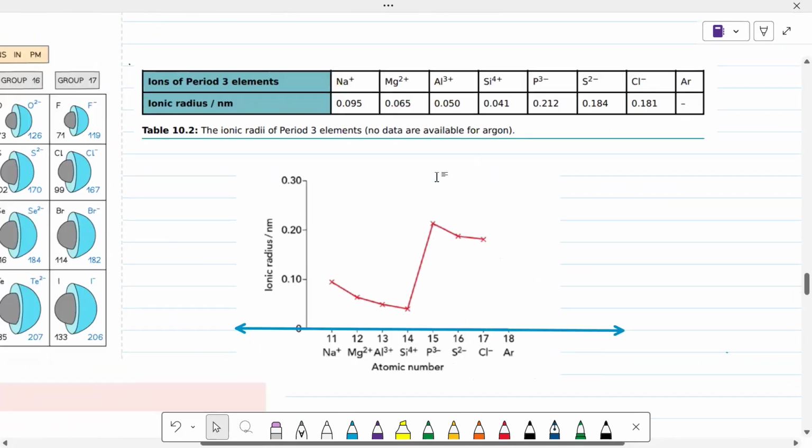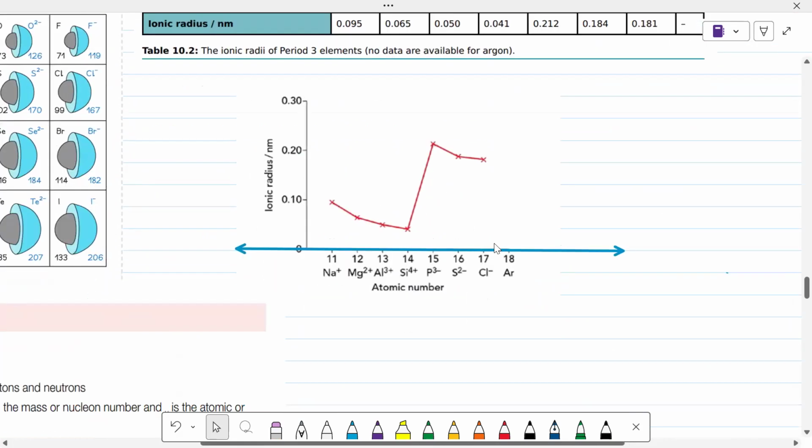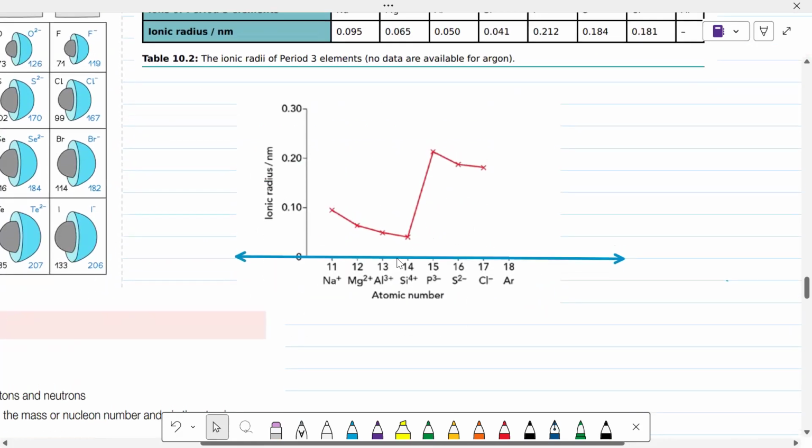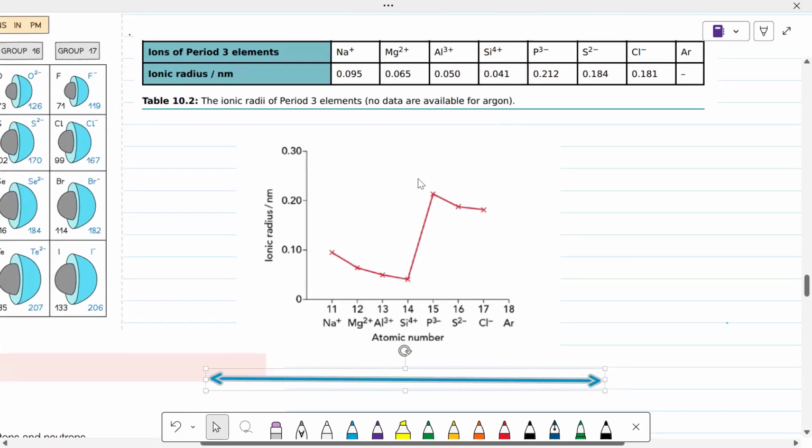If you see this graph, what is the general trend over here? Is it increasing or decreasing? Firstly, it is decreasing.